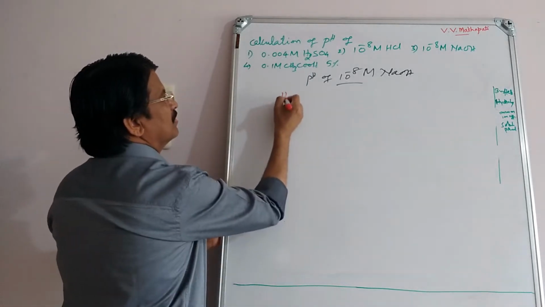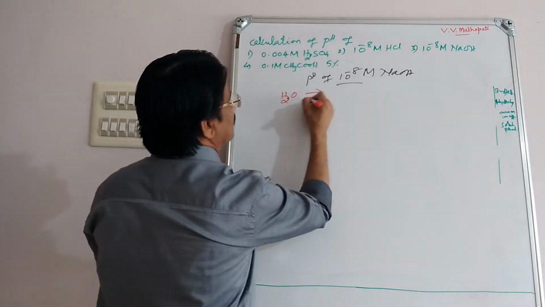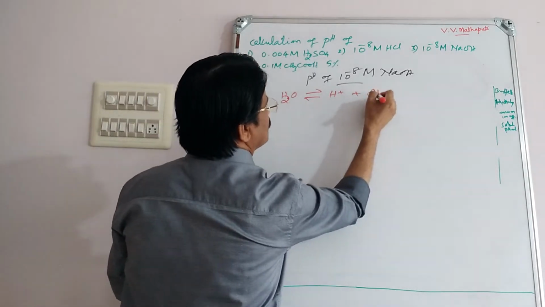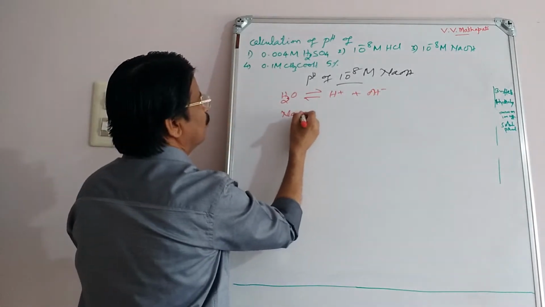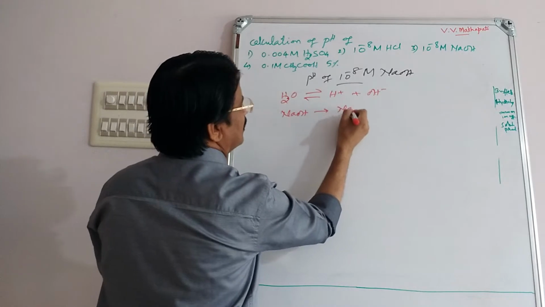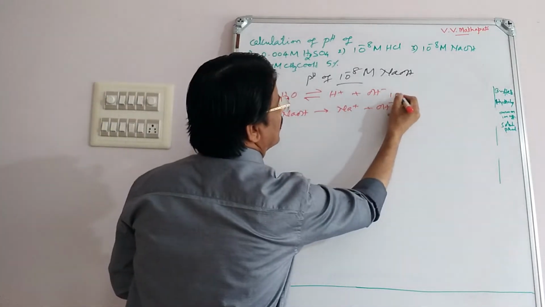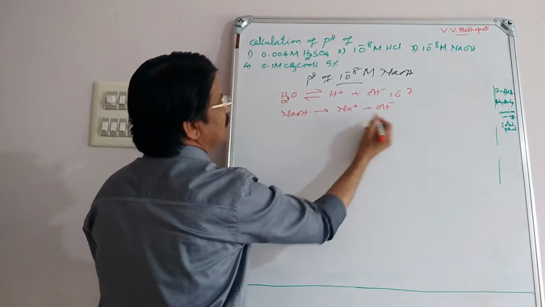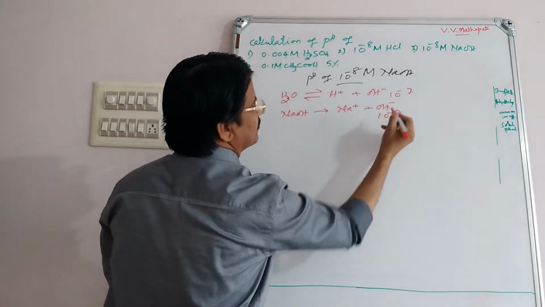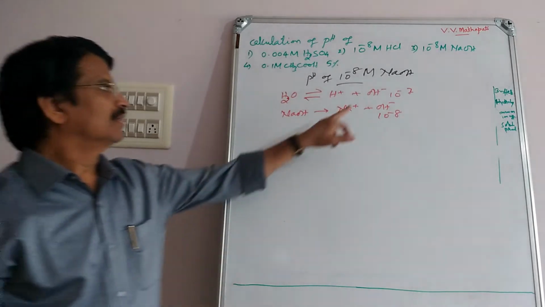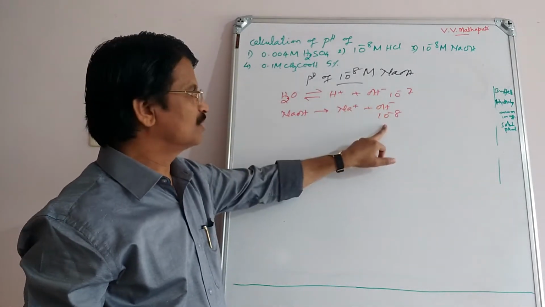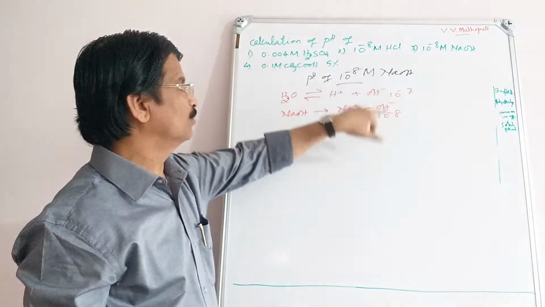Similarly, there is H2O giving H plus and OH minus, and NaOH giving Na plus and OH minus. The OH value from water is 10 raised to minus 7, and OH from NaOH is 10 raised to minus 8. We added OH.